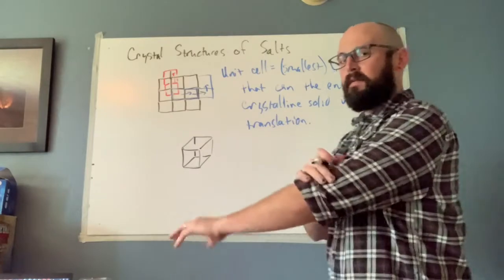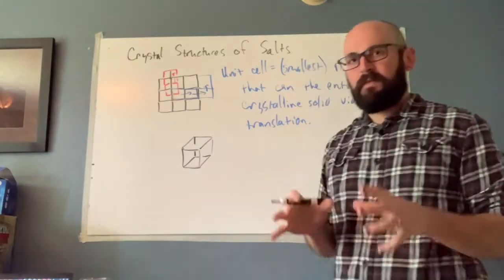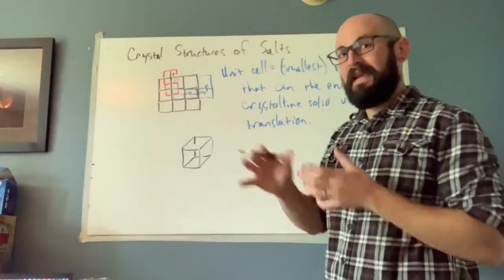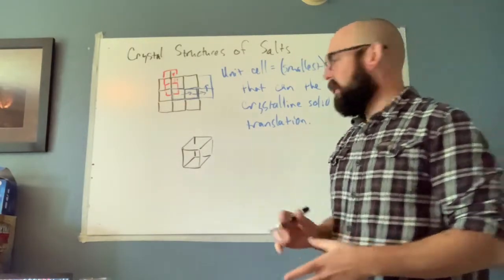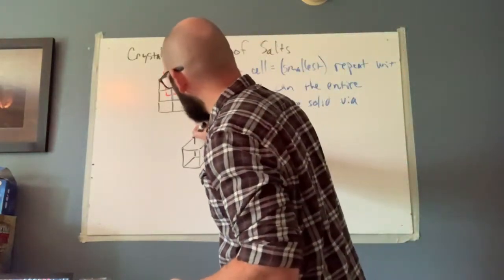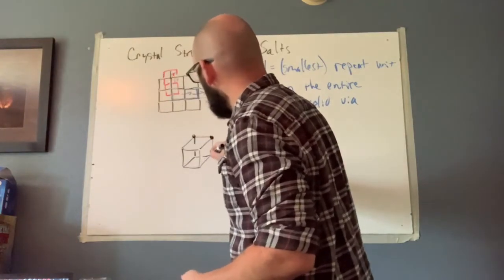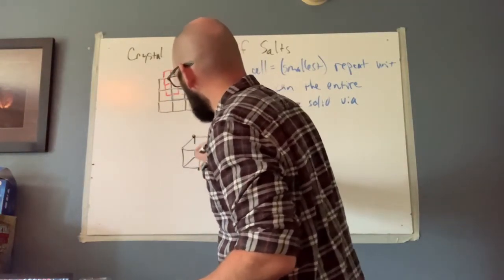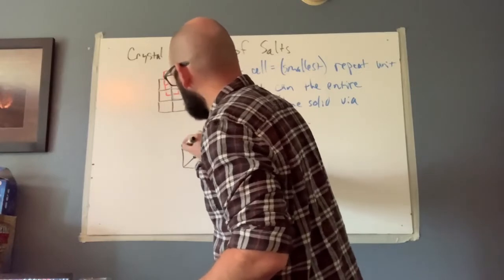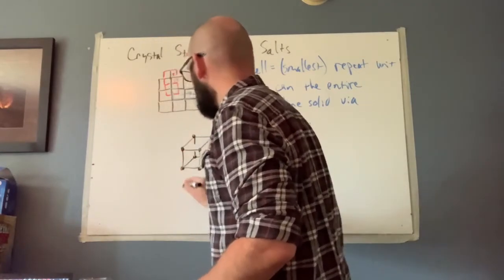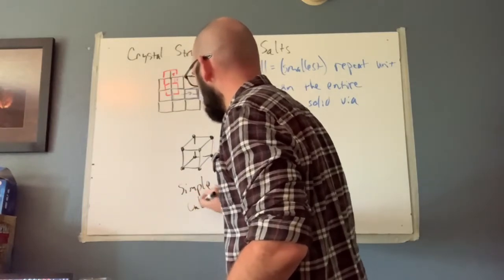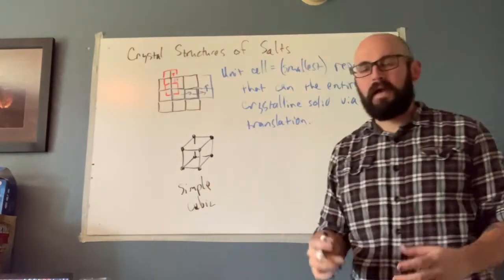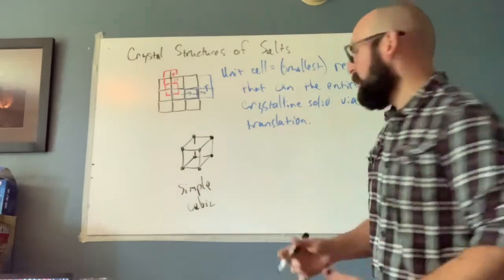So what I want to do now is focus on those different arrangements of ions or atoms in a cubic unit cell. In particular, if we start off and we identify there are exclusively atoms on the corners of our unit cell, we would refer to this as a simple cubic unit cell, or a simple cubic packing pattern.